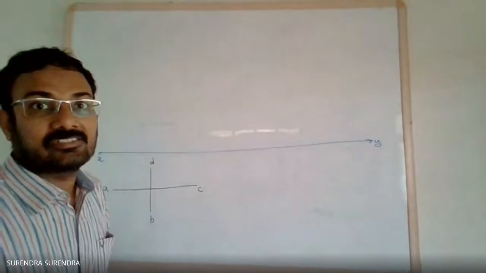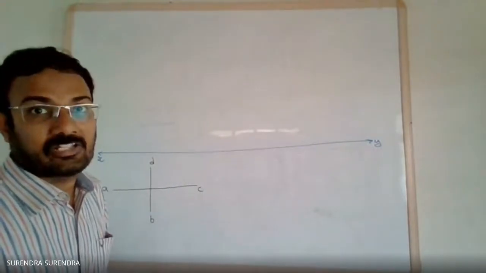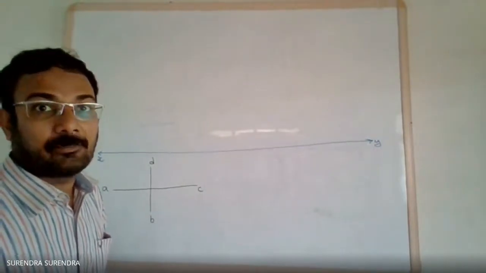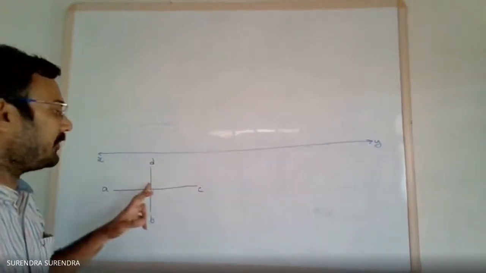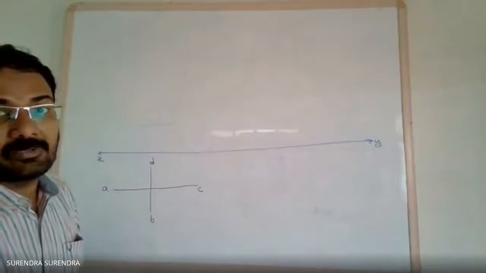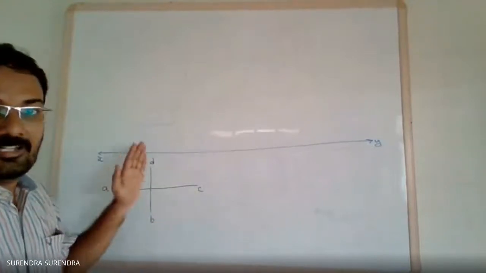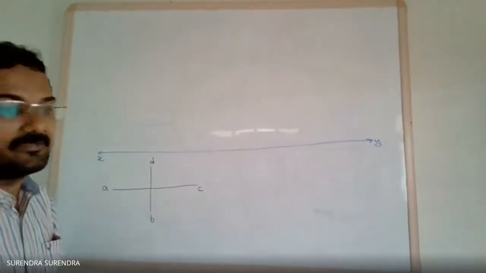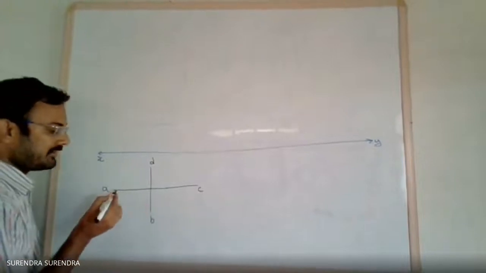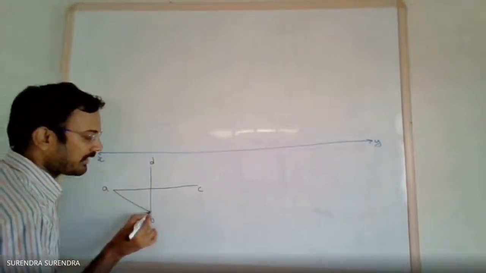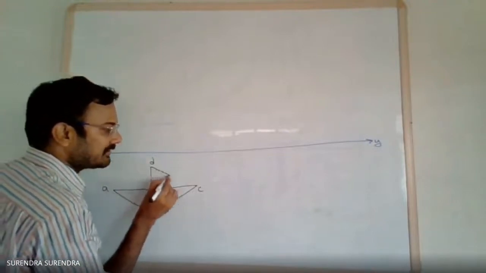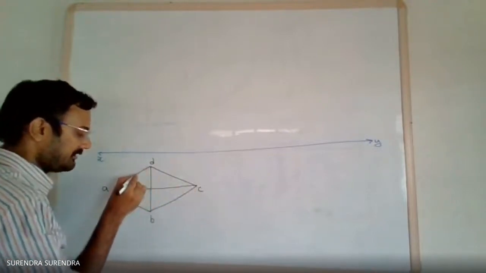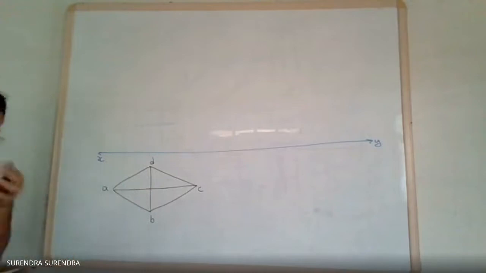Two diagonals perpendicular to each other and bisecting. So exactly AC కి midpoint లో we should get BD. AC కి mid, center లో we should draw the BD. Join AB, BC, CD and DA.